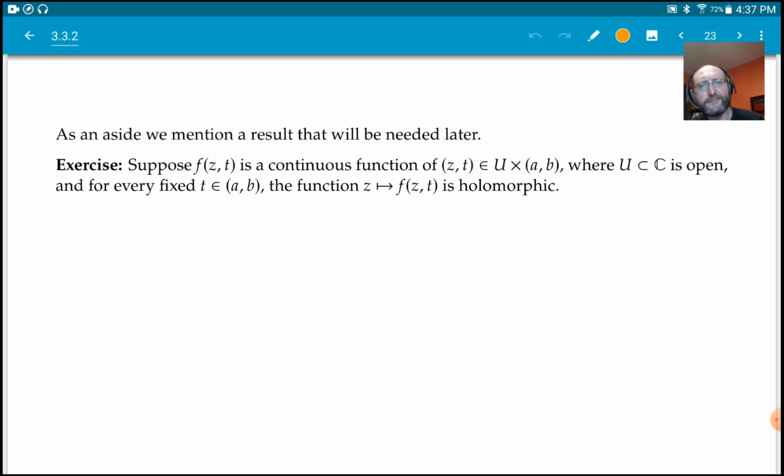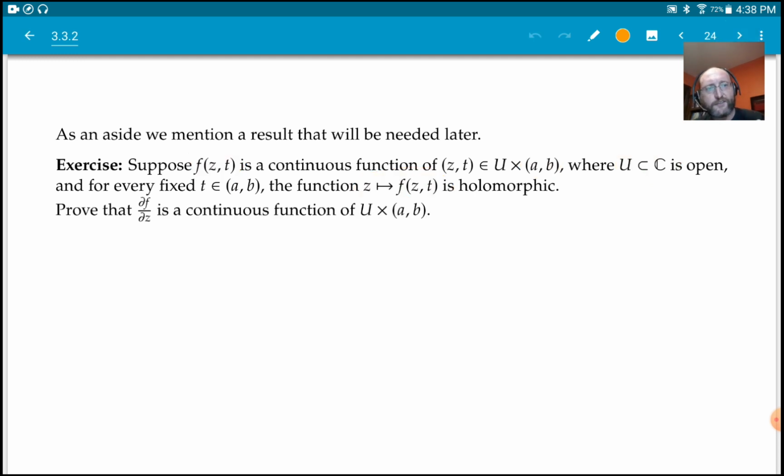Suppose that I have a continuous function of z and t, where z is varying in some open set U in the complex plane, and t is just some real variable varying in some interval [a,b]. And let's suppose that for every fixed t, the function f of z, t, just as a function of z, is holomorphic.